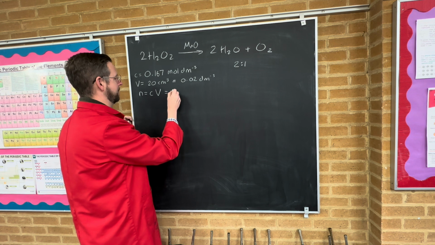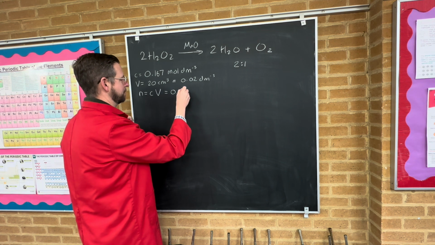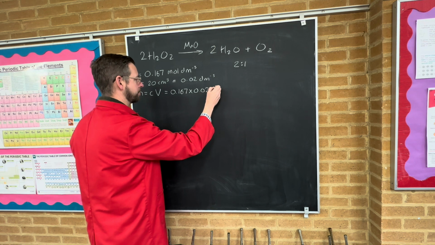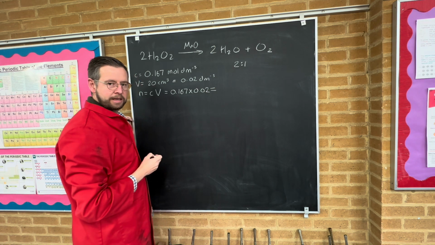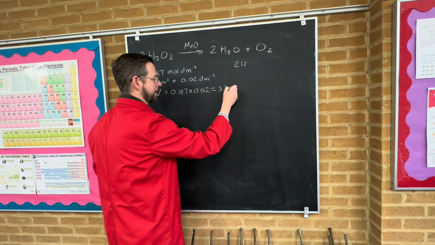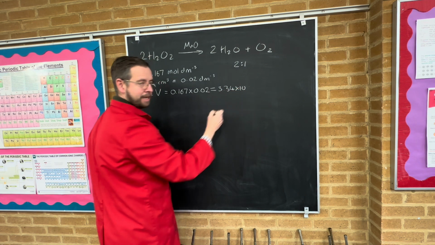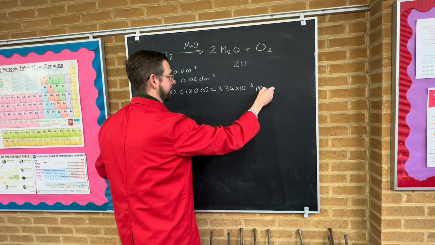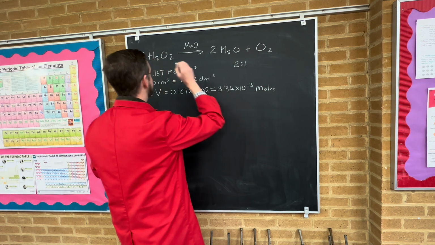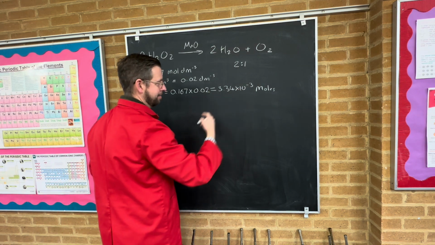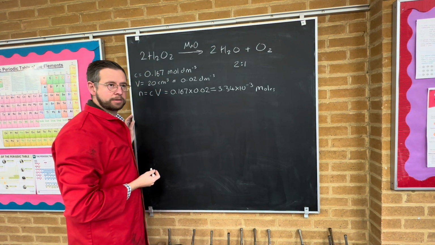So this is 0.167 times 0.02. It gives me the answer of 3.34 times 10 to the minus 3 moles. It means that in total, assuming all of it decomposes, that's how many moles in total will decompose.